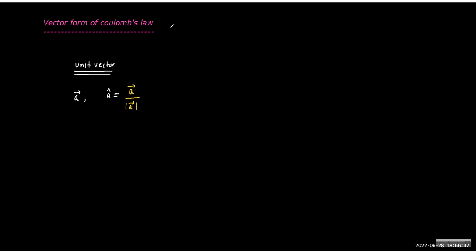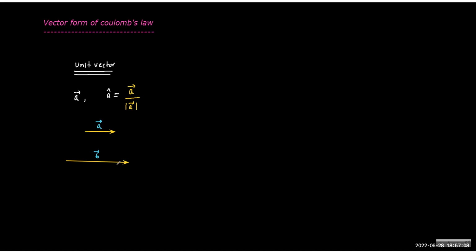So let's say we have two like parallel vectors, A and B. Do they have the same length? No. Are they unit vectors? Need not be. We don't know.